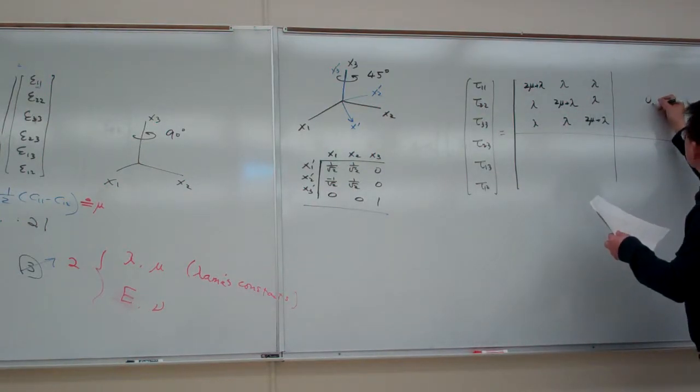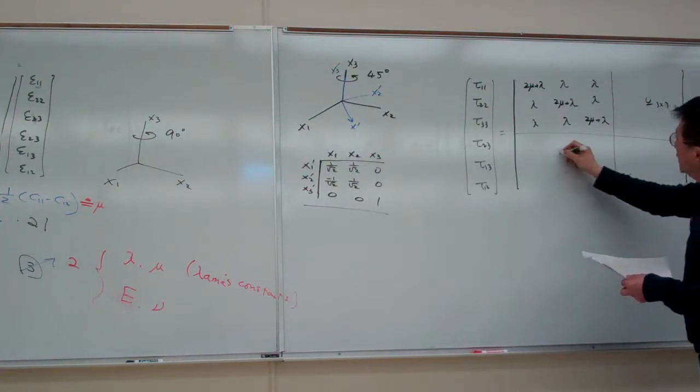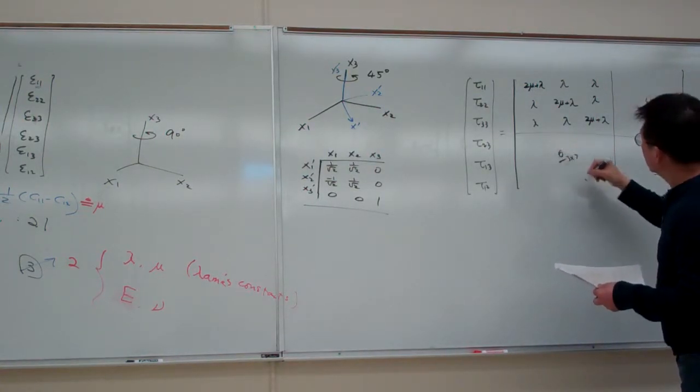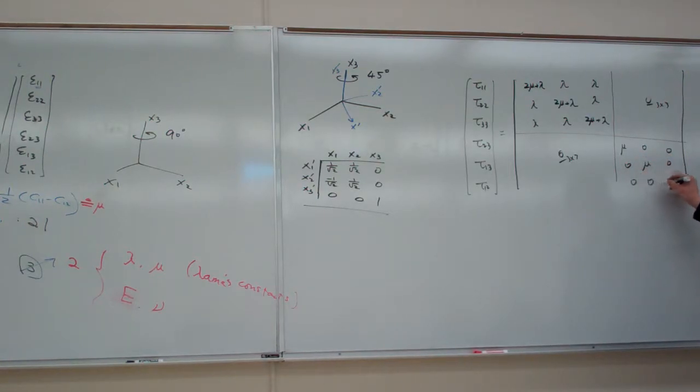This is 0, 3 by 3. 0, 3 by 3. And this one is simply mu. 0, 0. So this is the stress over strain: 11, 22, 33, 23, 13, 12.